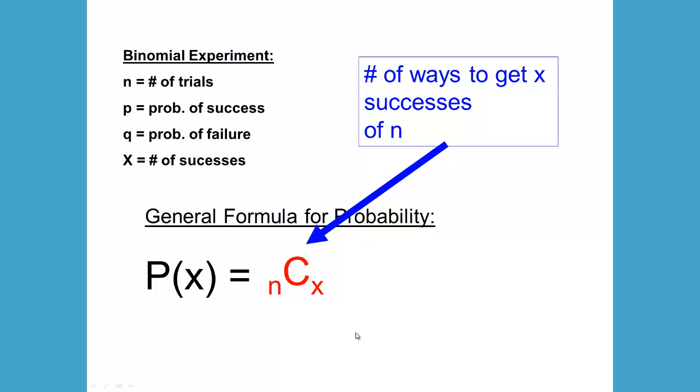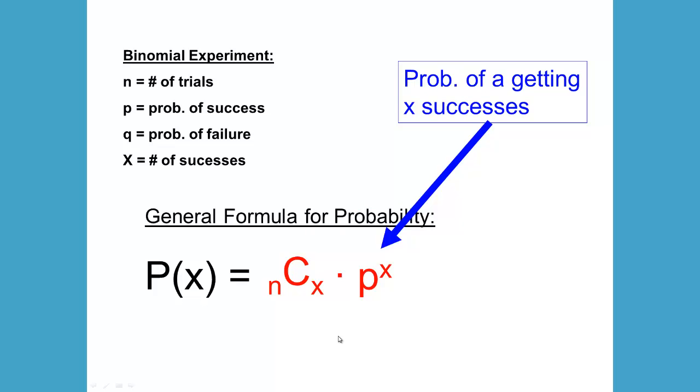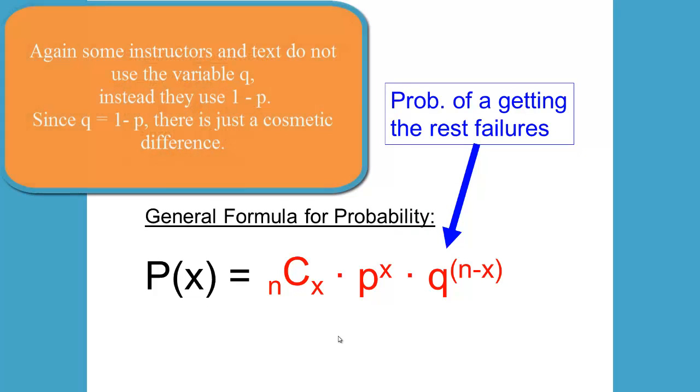This is the number of ways or orders there are to be successful in getting 3 calves or 4 calves or no brown calves. Secondly is the P raised to the X. That's the probability of getting X successes, and Q to the N minus X is the probability of getting the rest of them being our failures.